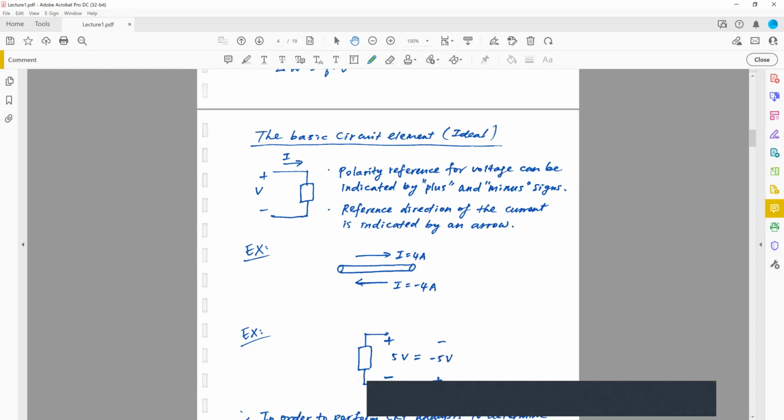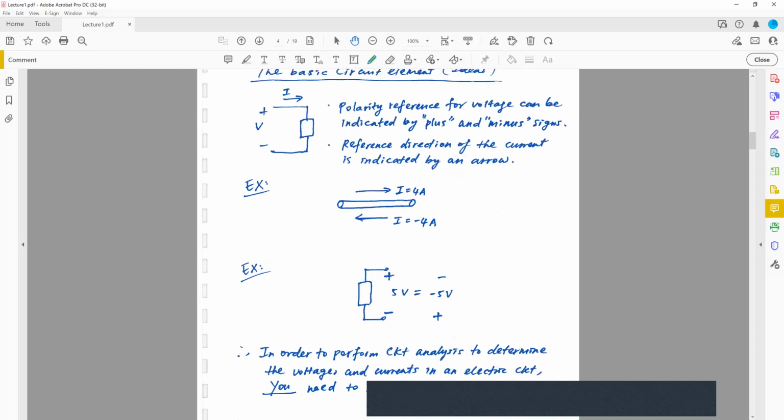So if going from left to right is 4 amps, then going from right to left is minus 4 amps. There's a negative sign, which tells you that these two currents are indeed flowing in opposite directions. So it's very important for you to specify the direction of the current flow. You never want to just write down your current I equal to 4 amps without specifying the direction, because people will not know in which direction the current is flowing.